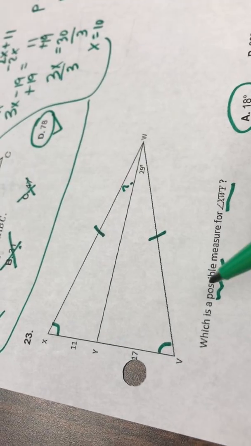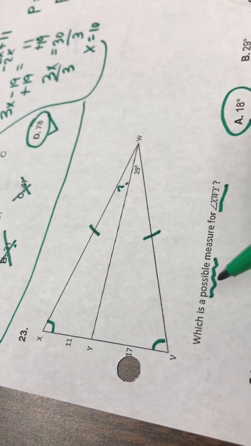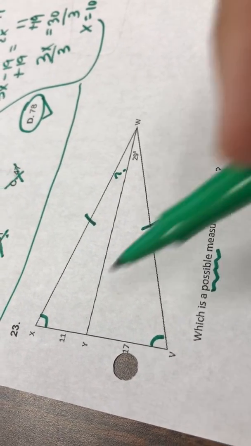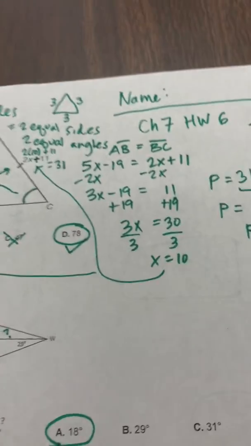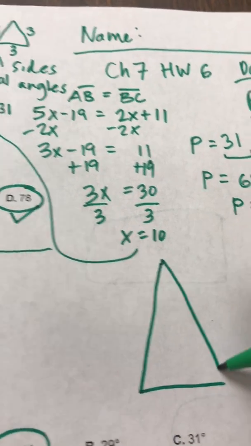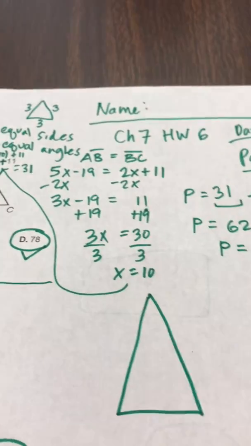And the word possible is making us think we can't solve for it, but we can use logic to at least eliminate some choices. So I'm going to redraw this shape because we're used to looking at isosceles triangles vertically instead of horizontally.